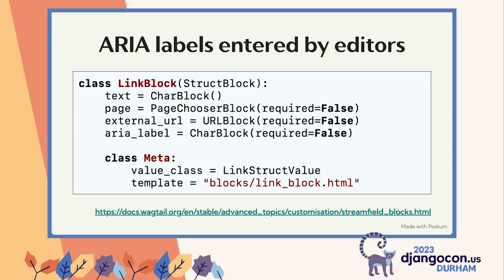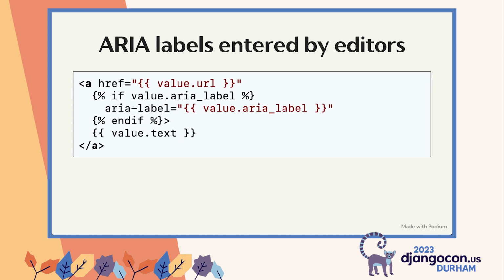These link blocks could get pretty fancy with all of that stuff included. I've also added an ARIA label child block where editors can enter that if their link warrants it. Then in our linkblock.html template, we can conditionally output the ARIA label attribute if that field has been populated.